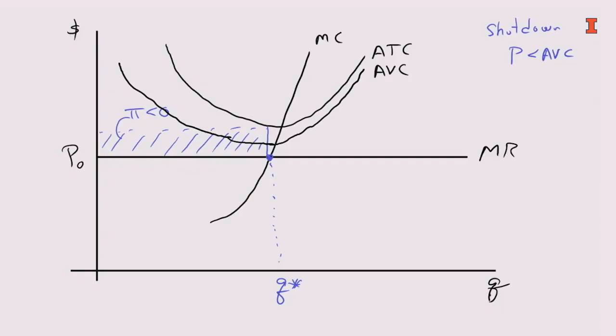The firm would maximize profits by producing at Q star, where marginal revenue equals marginal cost. But in this particular situation, price is less than average variable cost. If price is less than average variable cost, shut down. So in this situation, how much would the firm produce? Zero.